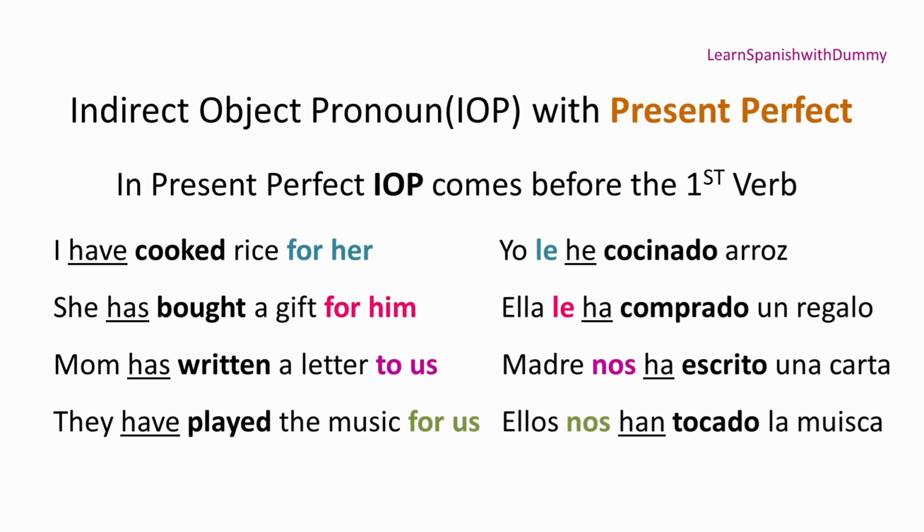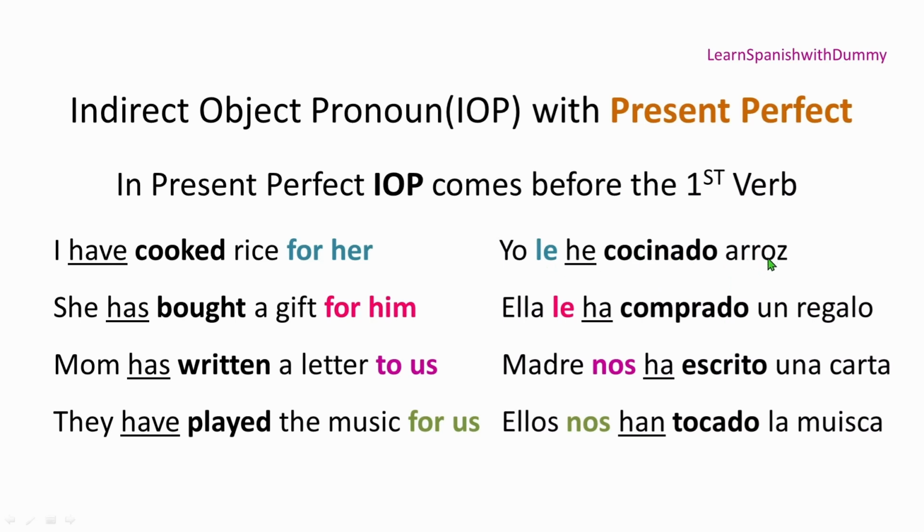Now let's see some present perfect sentences and where we place the pronoun. In the present perfect we place it in just one place, that is before the first verb. So when I say I have cooked rice for her, I say yo le he cocinado arroz. Yo le is for her, he means have, cocinado is cooked.